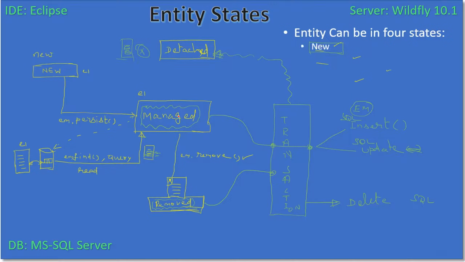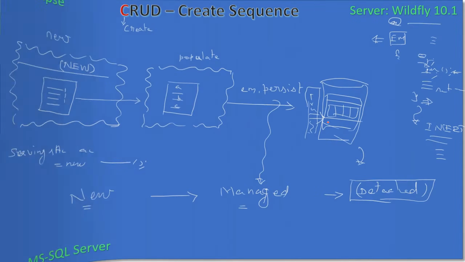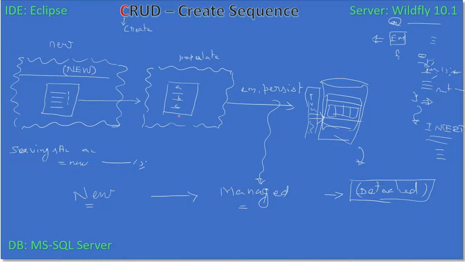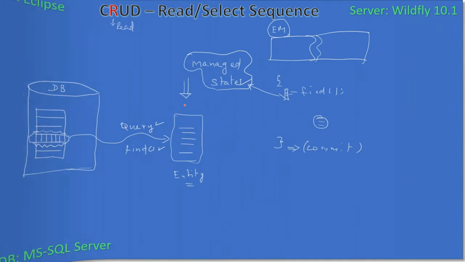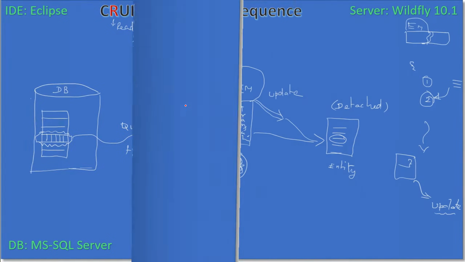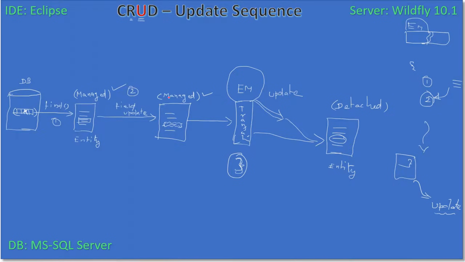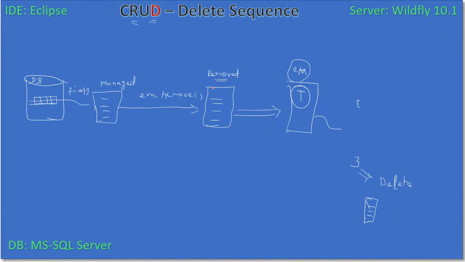First we started learning the entity states: new, managed, marked for delete, and detached. These entity states play an important role when we are learning about the CRUD actions: create, read, update, and delete. Then we looked at the operation sequence for create, then read, after that update, and finally delete, along with the entity states during these operations.